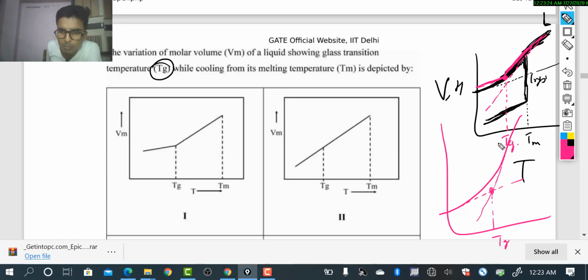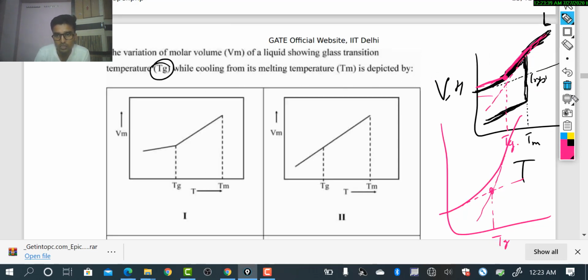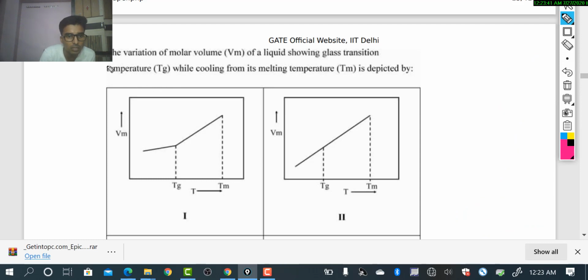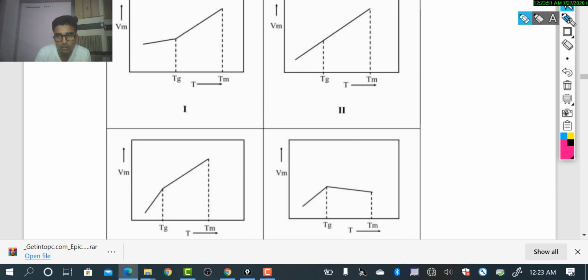You can go through my YouTube video on glass transition temperature in the polymer science playlist and see the explanation of the molar volume plot. I have explained the same there. So for the variation of molar volume of a liquid on cooling, we know very well this one will be the Tg.